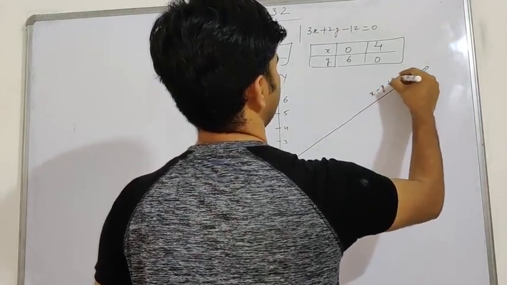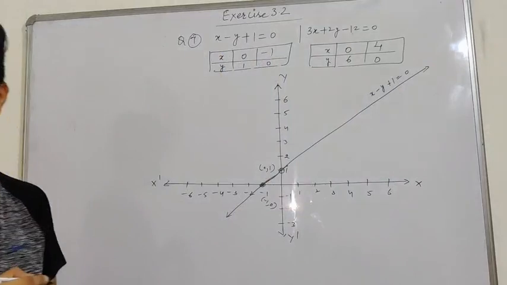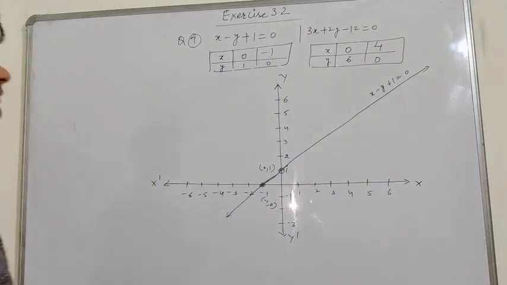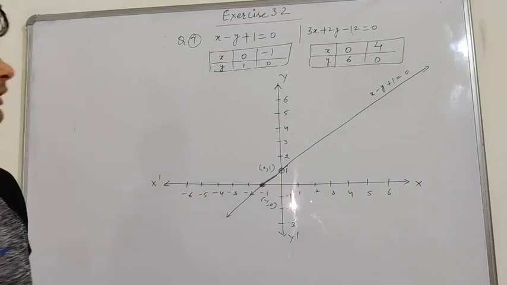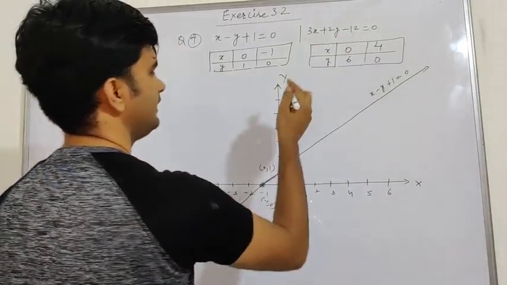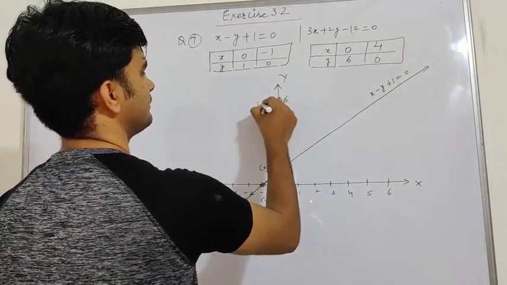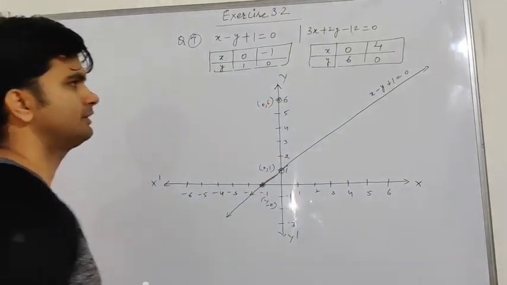Write this equation here. Then the next one: x is 0, y is 6, that is (0, 6).